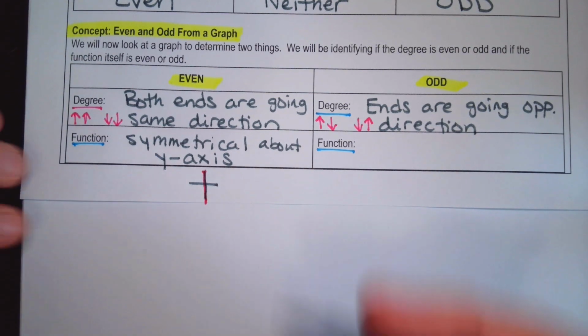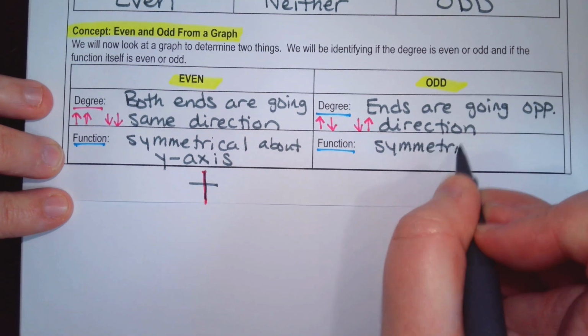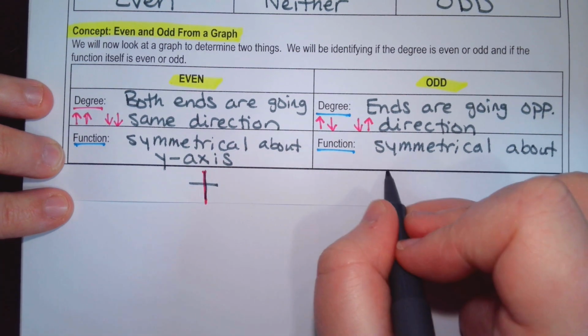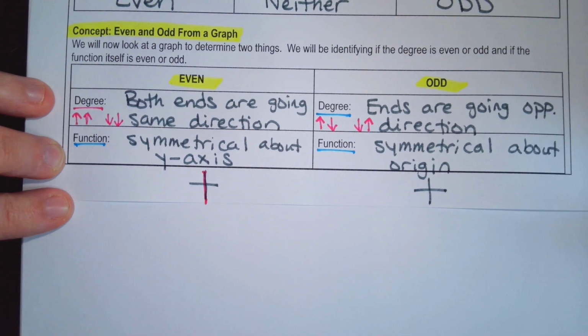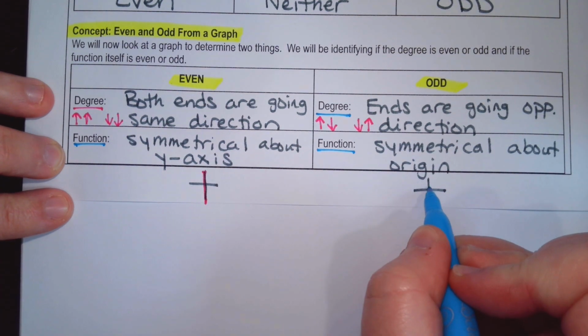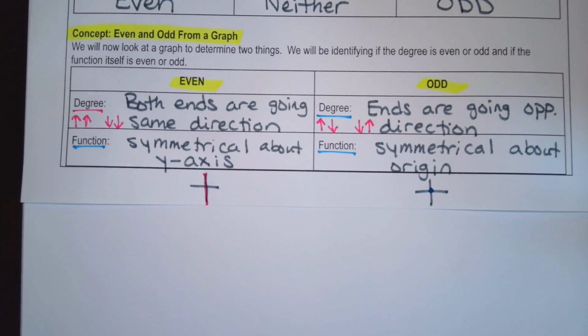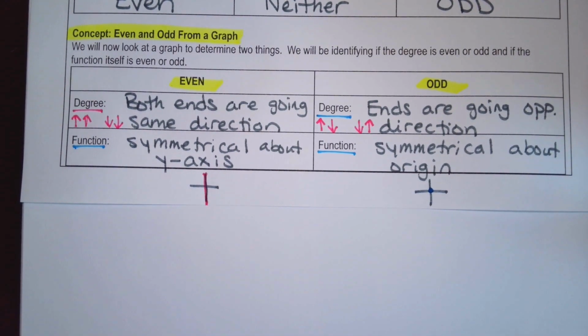And for a function to be considered odd, it is symmetrical about the origin. So it rotates symmetrically around 0, 0. Now, it's going to be a lot easier once we actually see the graphs. So, sorry about that wobbliness, but sit tight. We're now going to look at examples for even and odd from a graph.